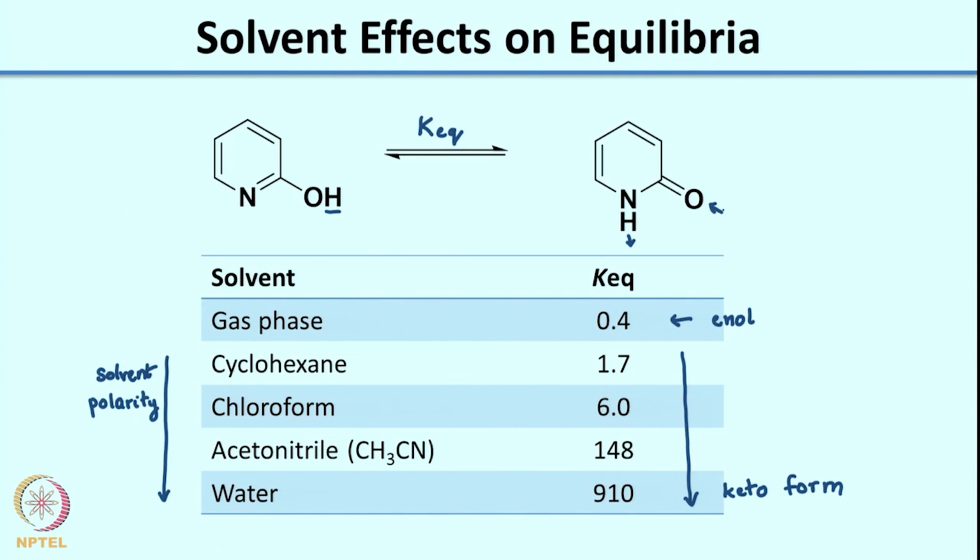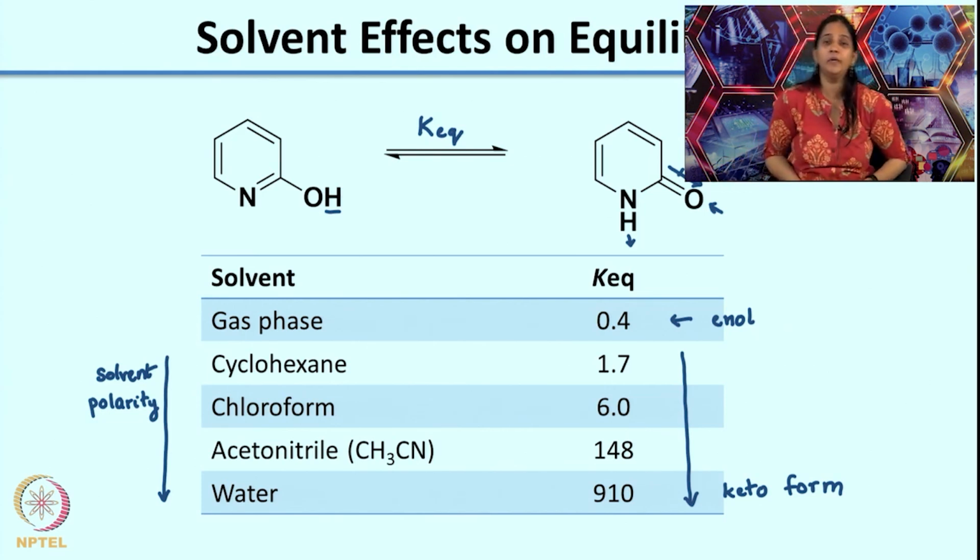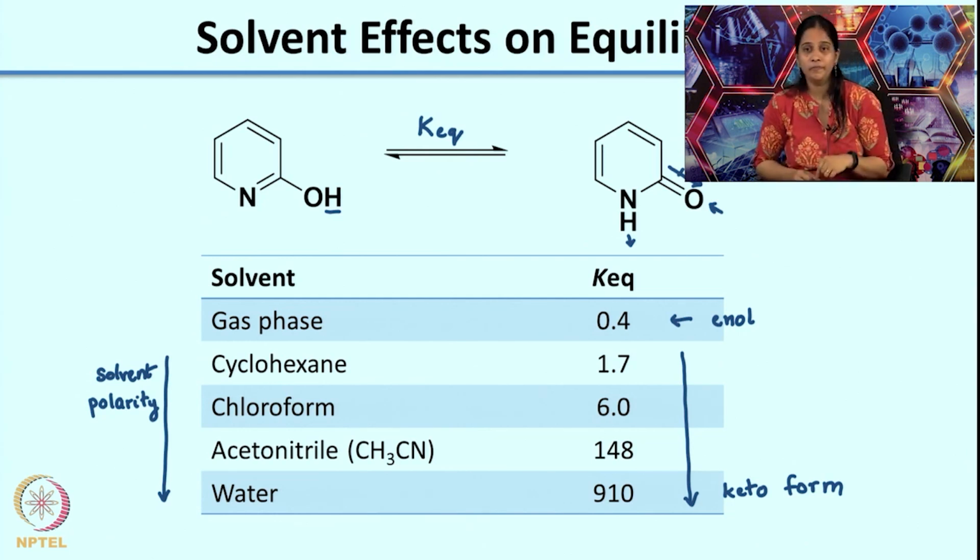The other thing could be, when you think of the dipole moment, right, when you look at the keto form, based on the enhanced directionality of the dipole moment in the keto form, polar solvents probably stabilize it more than the enol form, and this you can see even in biology.